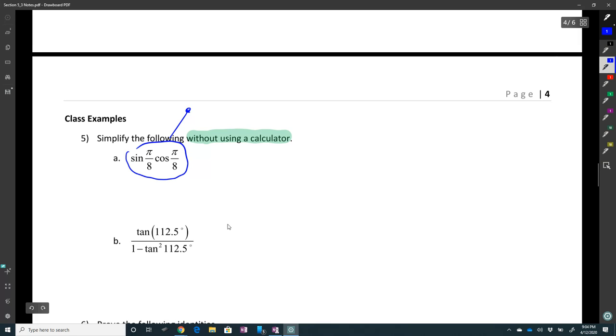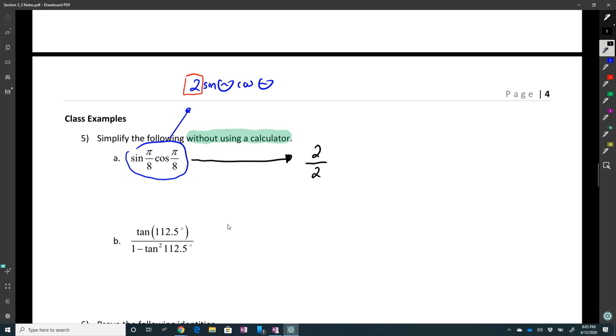So notice that this equation is very similar to 2 sine theta cosine theta. All that's missing is the 2. Okay? So what I'm going to do, give myself some room, is I'm going to artificially add the 2. I'm going to write 2 over 2, because 2 over 2 is 1, and then I can write down the part that I have. Sine pi over 8, cosine pi over 8.